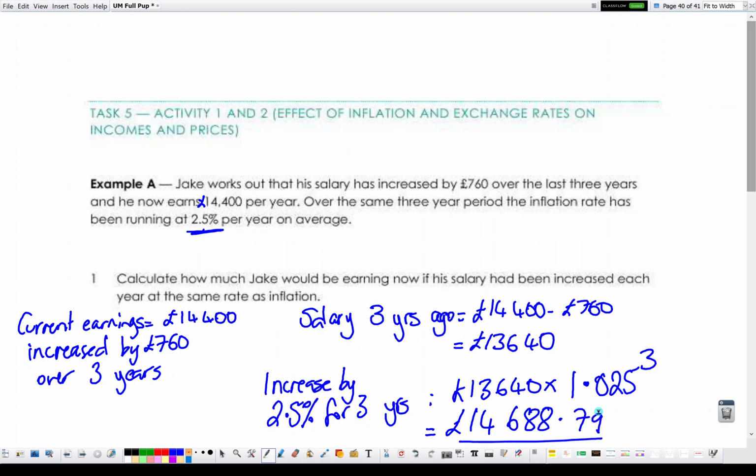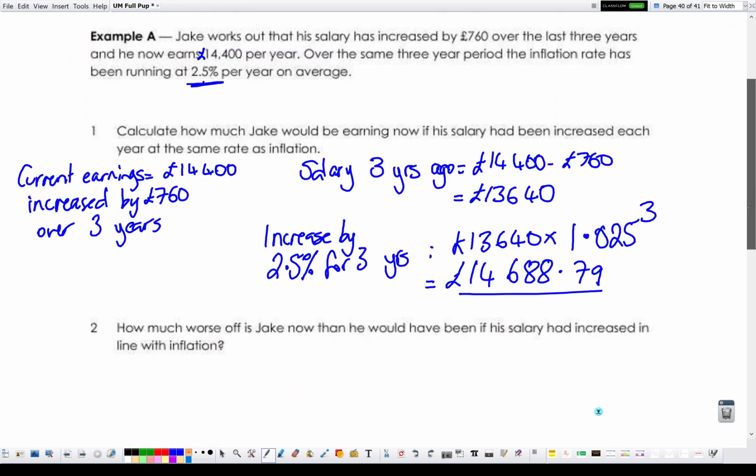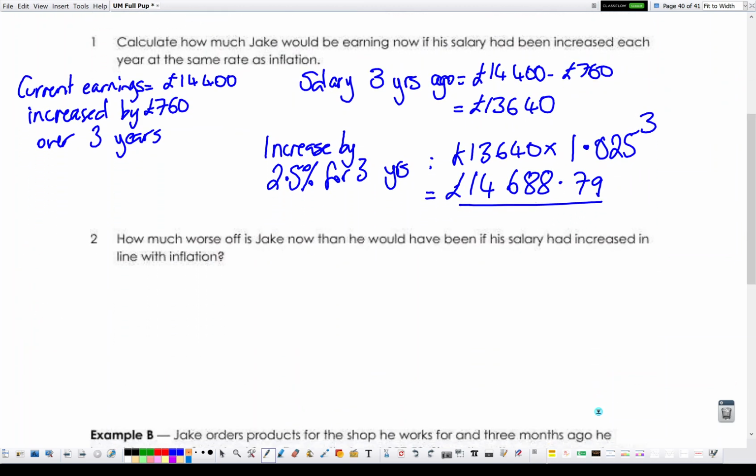Okay, the point in doing this is to show you that, okay, it's great, he's had a salary increase of £760, but if it had just increased at the same rate as the cost of living has increased, he should be getting more than what he currently earns. So it actually means that he is worse off.